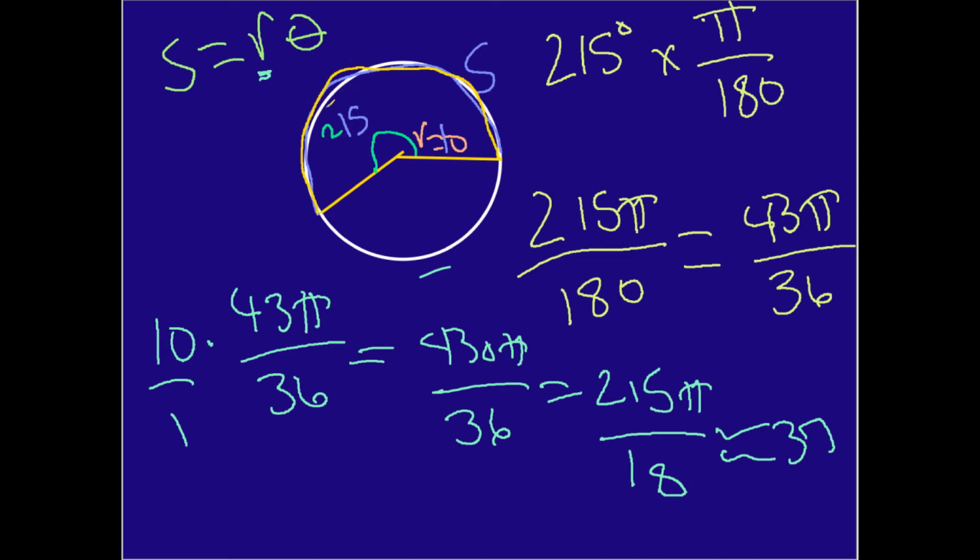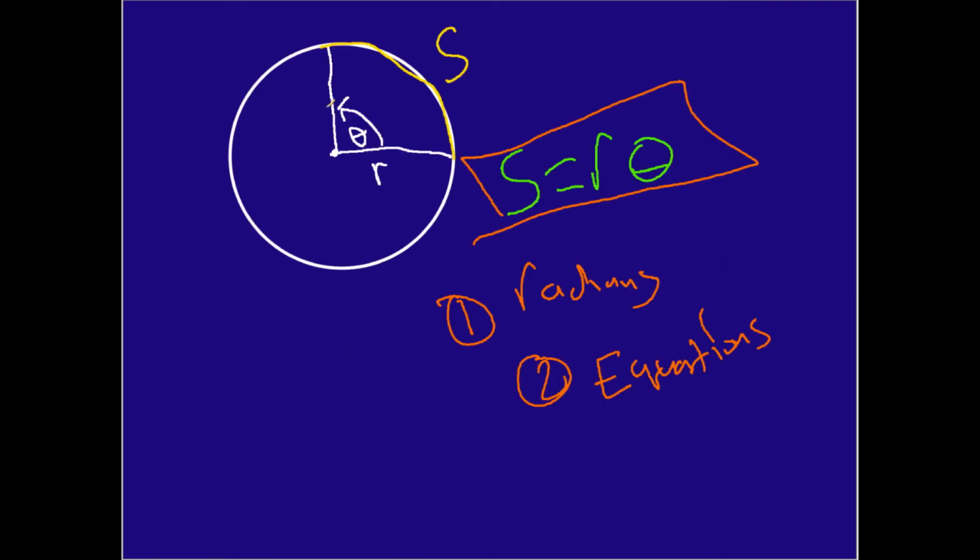Let me go back and summarize what we talked about today. We talked about how to calculate the arc length. The arc length is the distance on the circle from the initial side to the terminal side when you're looking at an angle. To calculate it, you take the radius times theta, and generally we convert theta to radians.